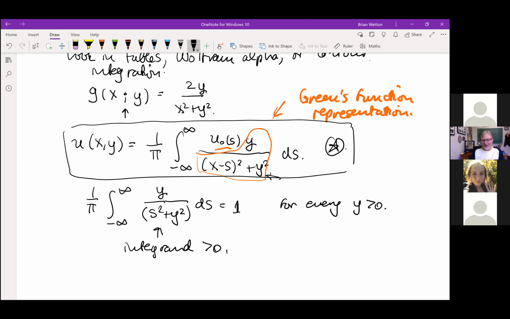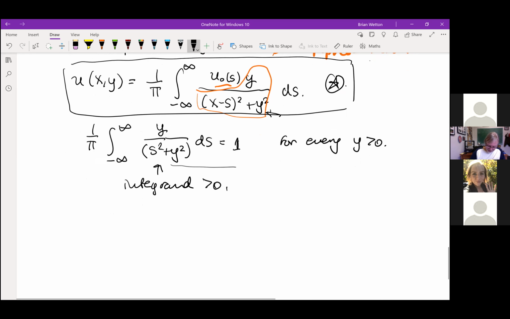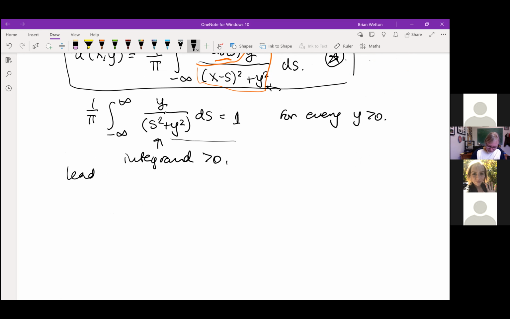And just like the heat equation, the fact that you are taking a weighted average with positive weights of the initial conditions means that the solution has a maximum principle, right? You can't ever have u of x and y bigger than the maximum value of the initial conditions. So that leads to a maximum principle.